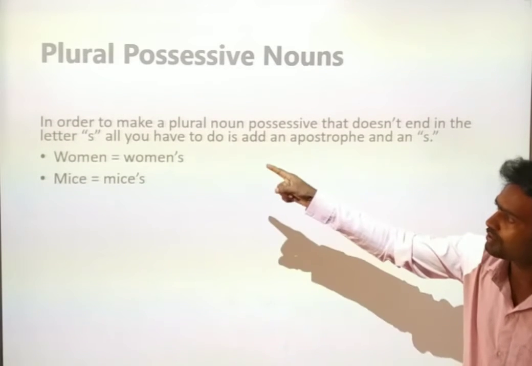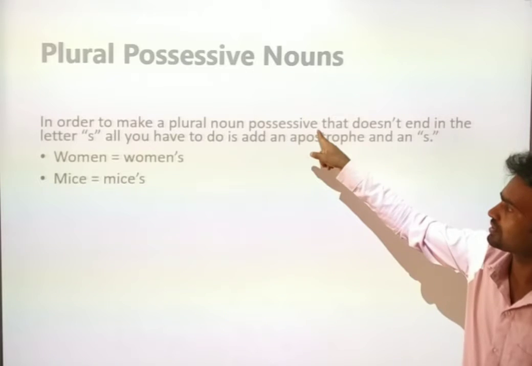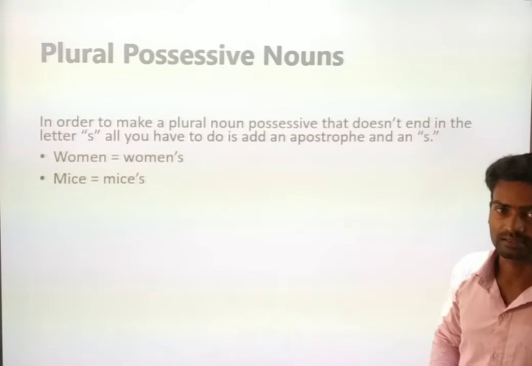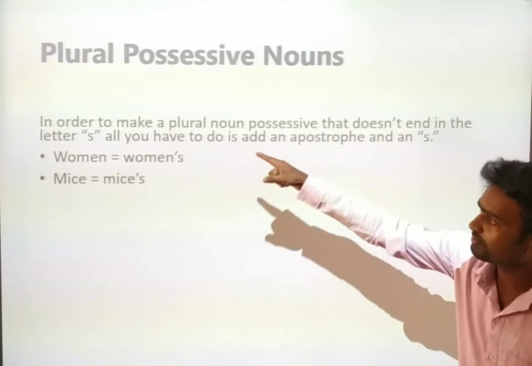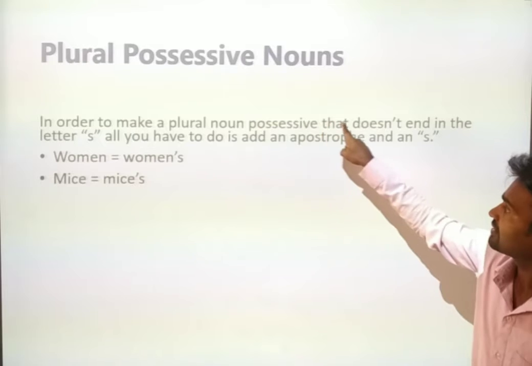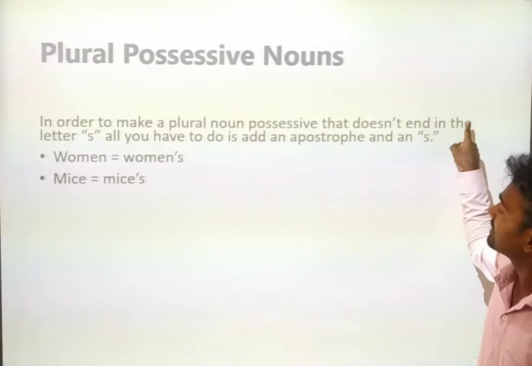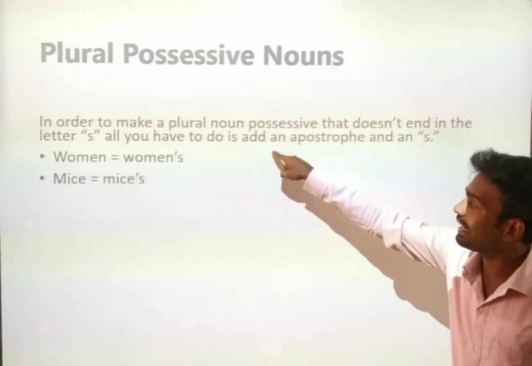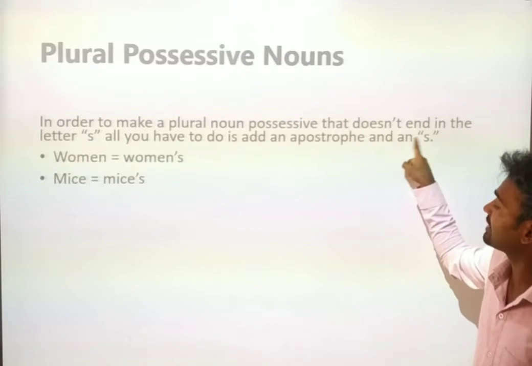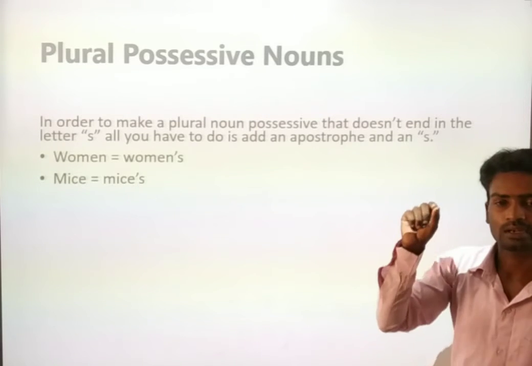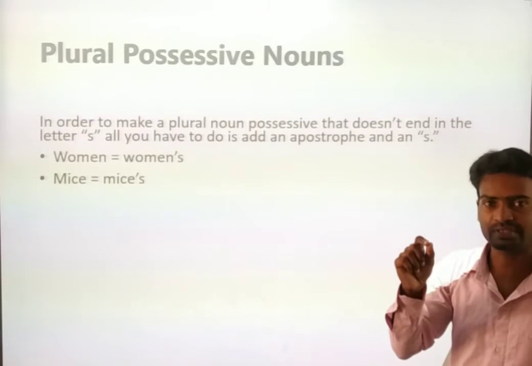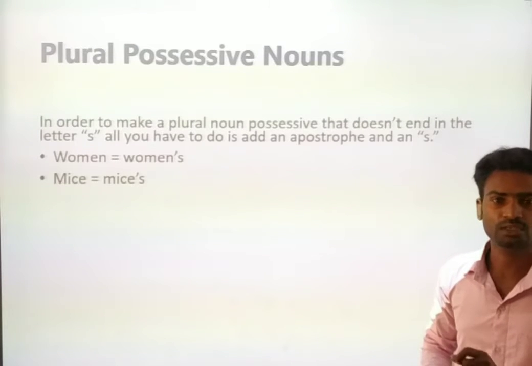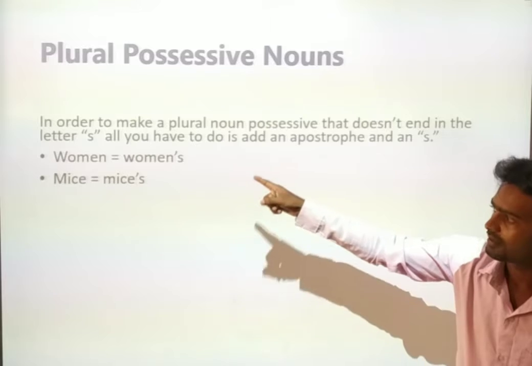In order to make a plural noun possessive that does not end in the letter S, read once again, all you have to do is add an apostrophe and an S. So as we have done before, normally it won't end in S. Women, women's.